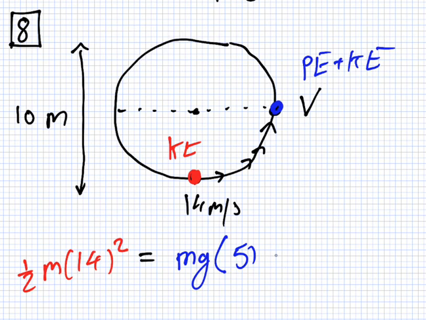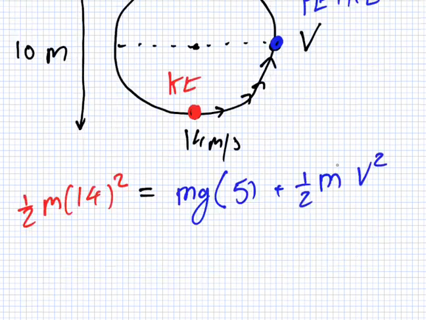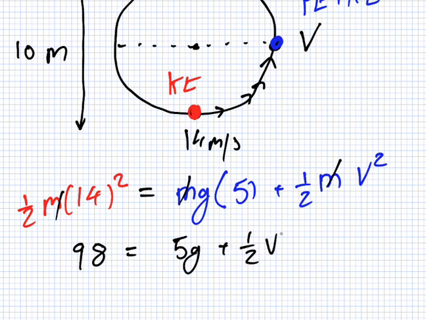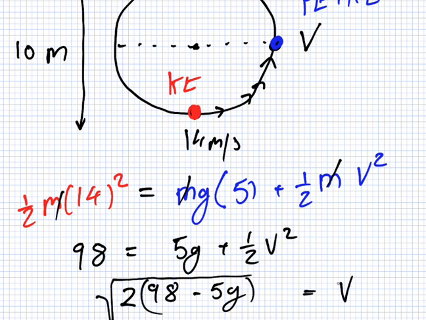Plus a half v squared, which is the v squared is what they want. So we can cancel the m's again. Is this 98? 5g plus a half v squared. Okay, so we have 98 minus 5g multiply 2 with a square root. You get that for v when you rearrange it.